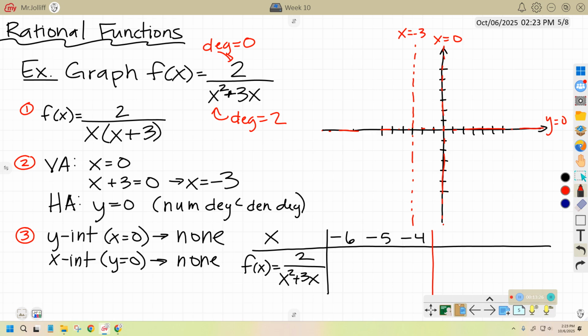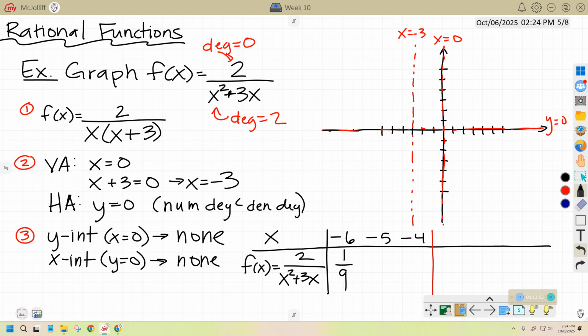To find them, we take the x values, we plug them into the function, and they spit out some y values. So -6 times itself is 36. -6 times 3 is -18. 36 minus 18 is 18. 2 divided by 18 is 1 divided by 9. If you do not believe me, you are welcome to grab your calculator.